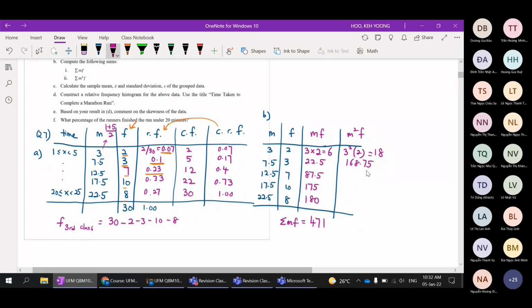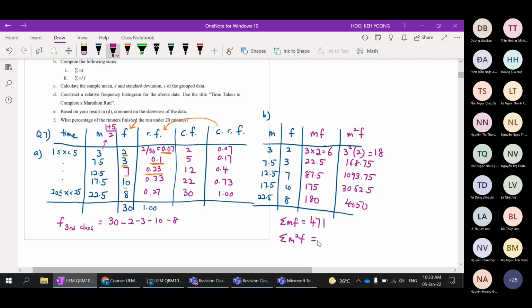Then 12.5 square times 7, 17.5 square times 10. Usually the values are quite bigger, because you are squaring the midpoint. So it's 50.